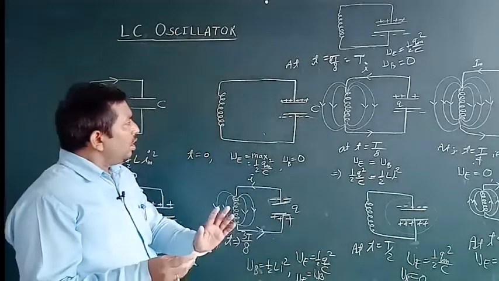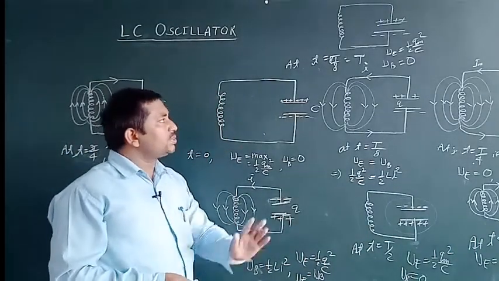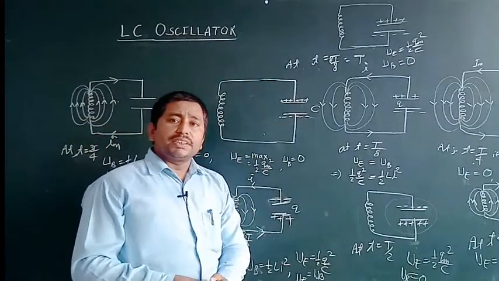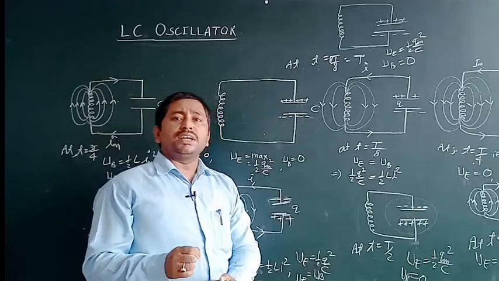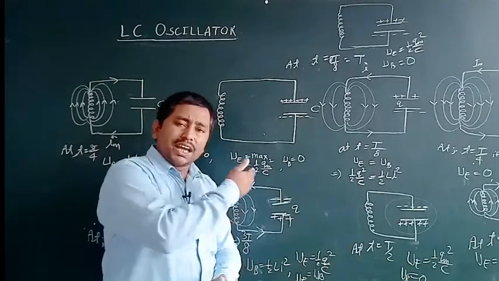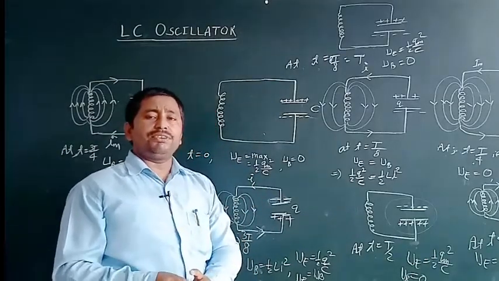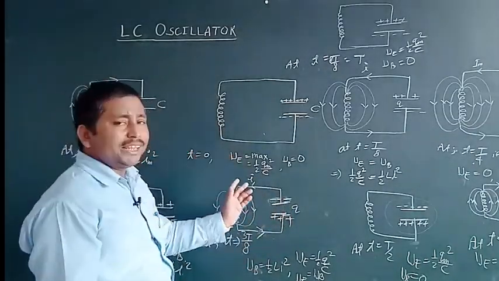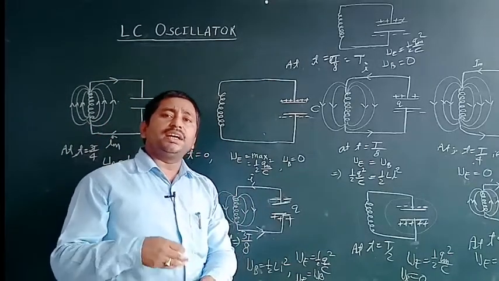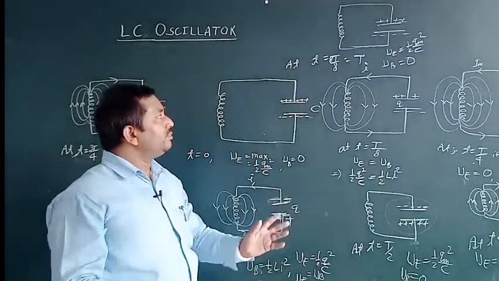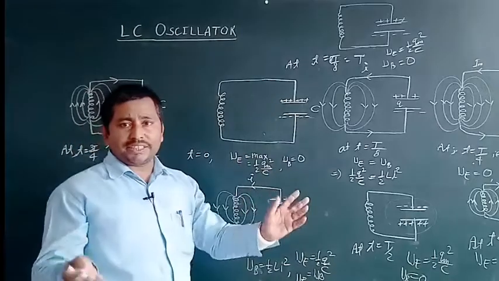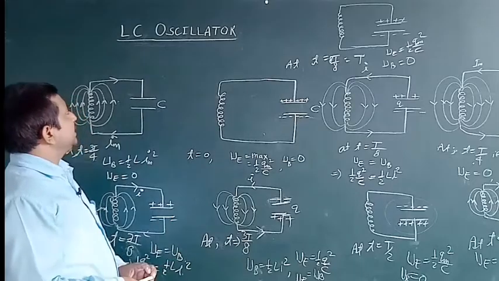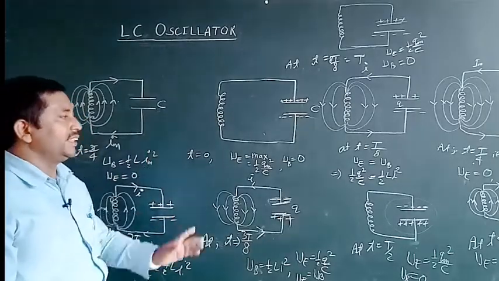So when there is accelerated motion of charged particles throughout the LC oscillator circuit, such a circuit always produces an electromagnetic wave and is able to detect different kinds of electromagnetic waves. Such a circuit is used as a transmitter and also as a receiver in different transmitting and receiving circuit diagrams. Okay, so this is the basic concept of the LC oscillator.